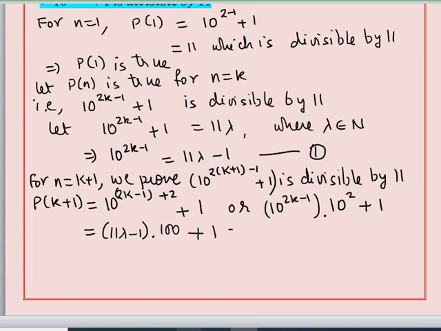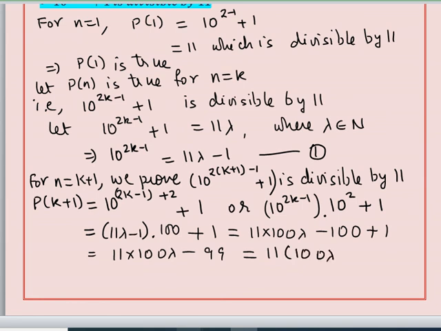Opening the entire expression, we get 100 times 11 lambda minus 100 plus 1. What is minus 100 plus 1? It will be minus 99. So 11 into 100 lambda minus 99. Among these two terms we can take 11 common, and we are left with 100 lambda minus 9.